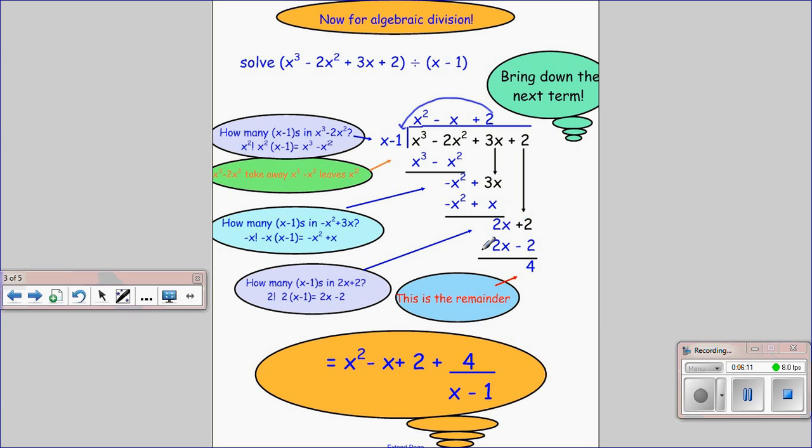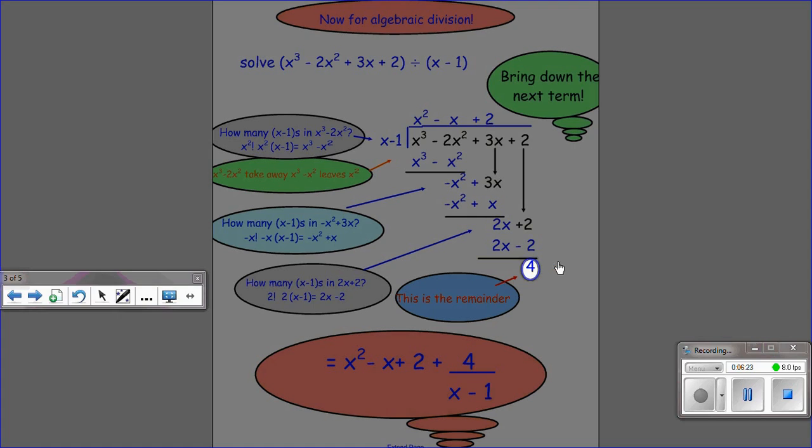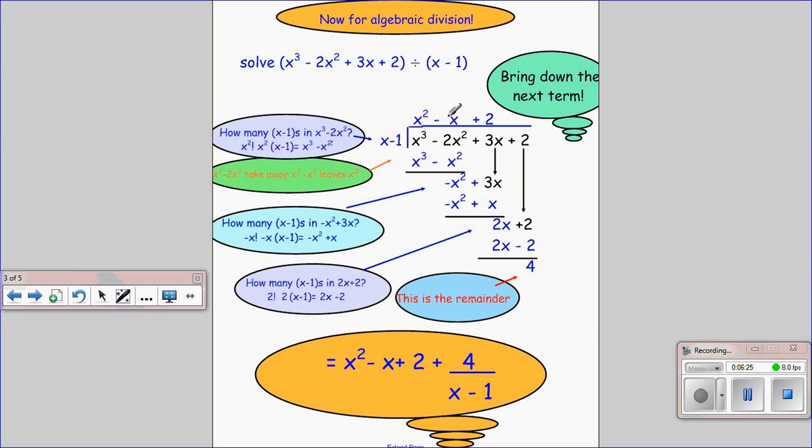So then I subtract again, happy that this bit disappears, and 2 take away minus 2 gives me 4. And this is my remainder. So my answer then is x squared minus x plus 2, with the remainder fraction of 4 over x minus 1. Okay, these will take a little bit of practice.